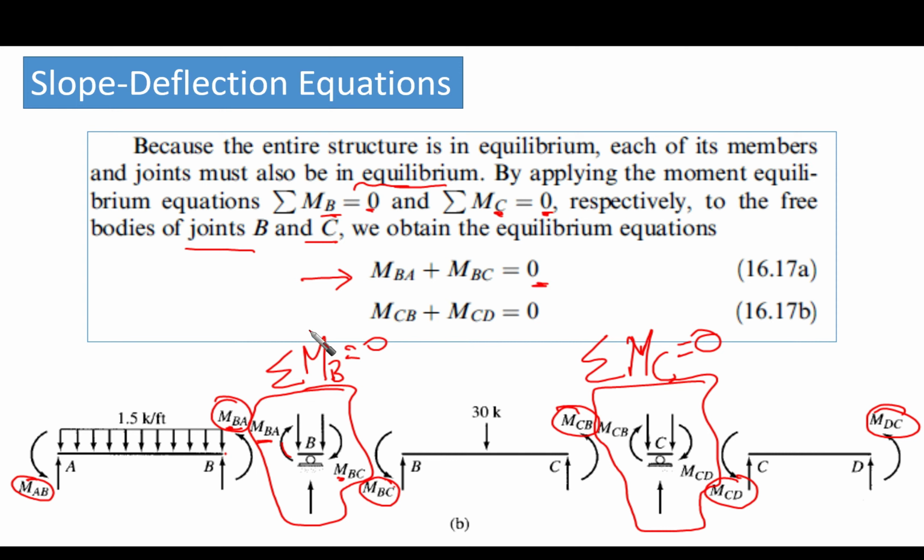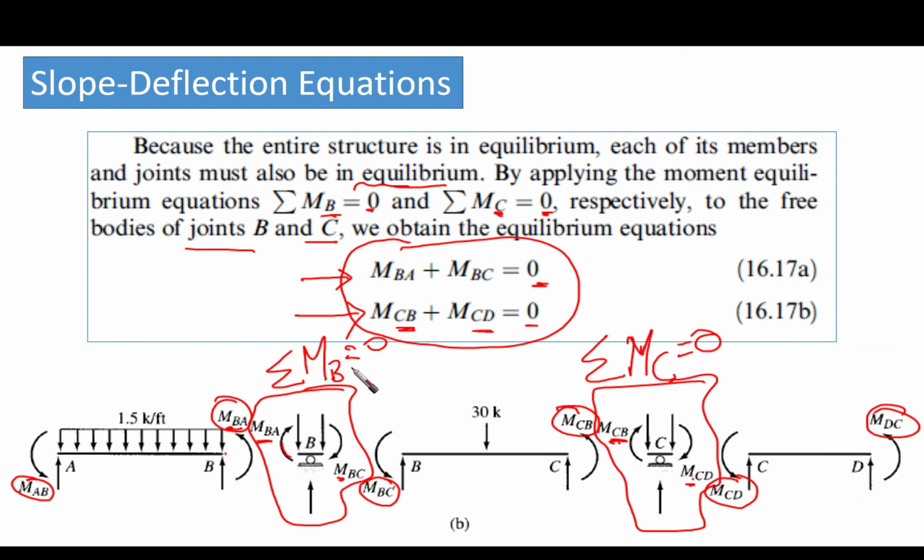Similarly, we are going to apply the equilibrium equation at point C. At this point, you're going to find two different moments, MCB and MCD. Their summation should be equal to 0. Okay, so this is the first thing that we should be sure of, which is the equilibrium equations.